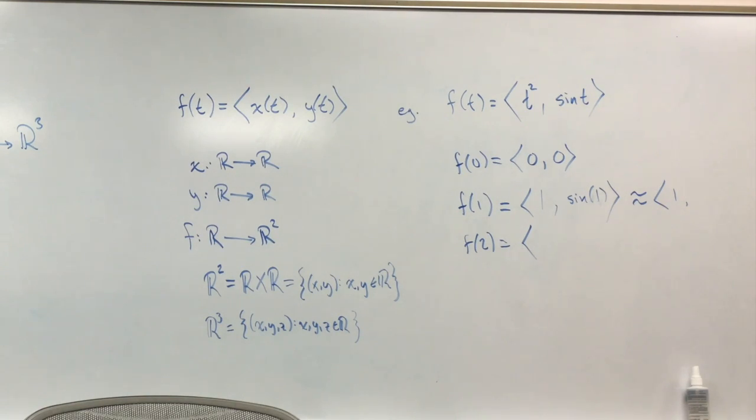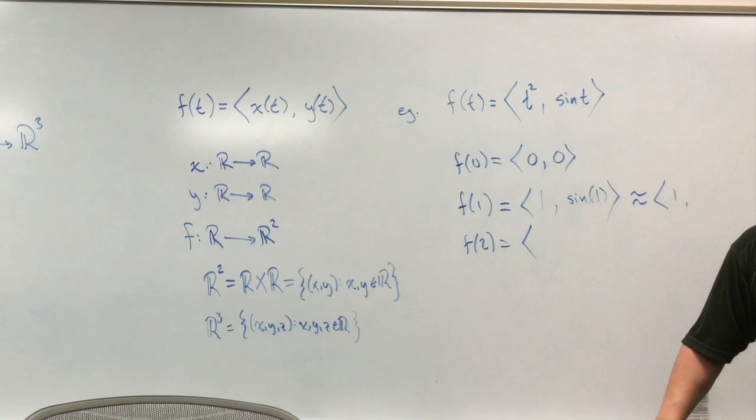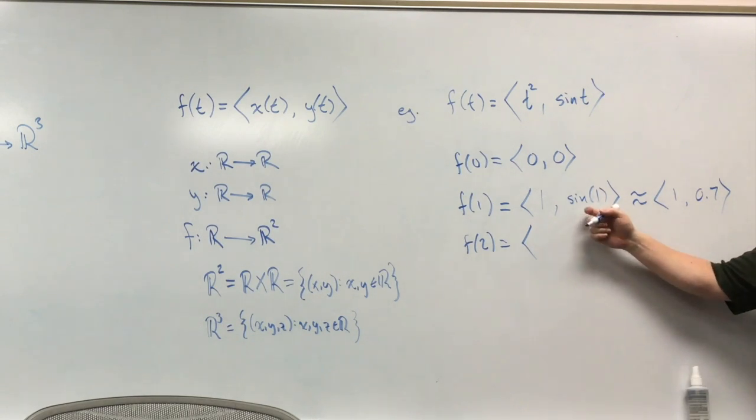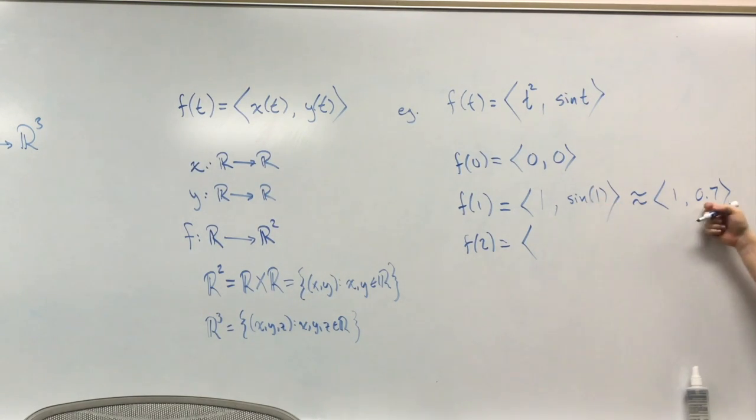Since the sine of 60 degrees is root 3 over 2, and root 3 is about 1.7, half that is about 0.8, so roughly 0.7. If your calculator is in radians, you should get something in that ballpark, plus or minus 0.2.